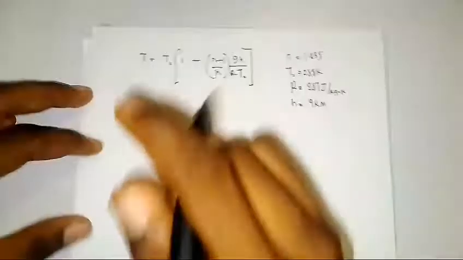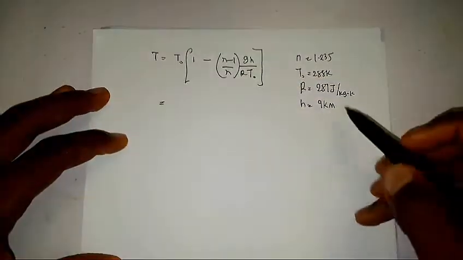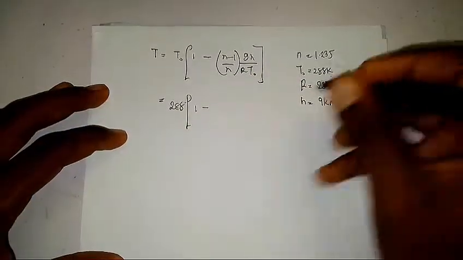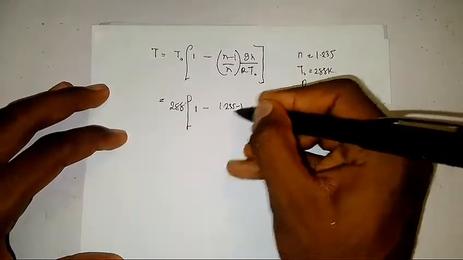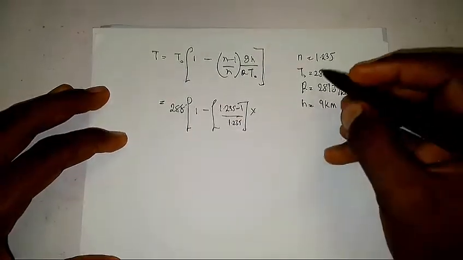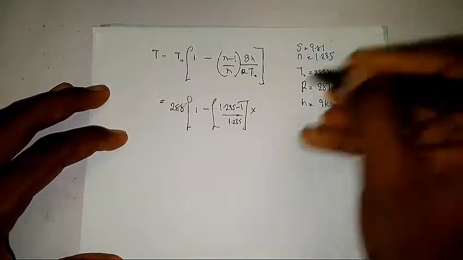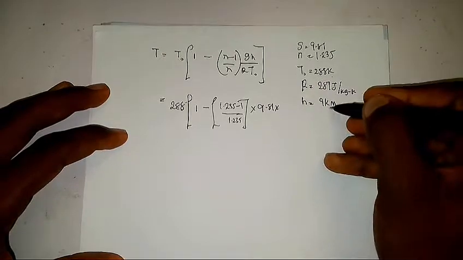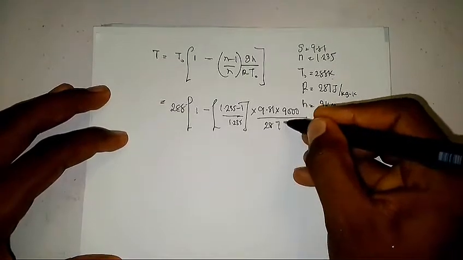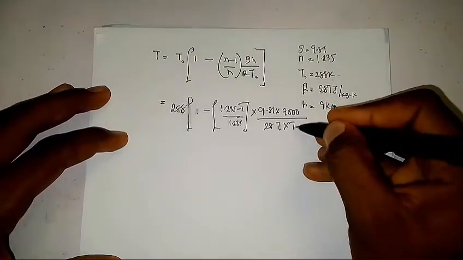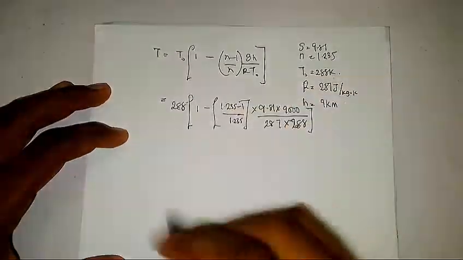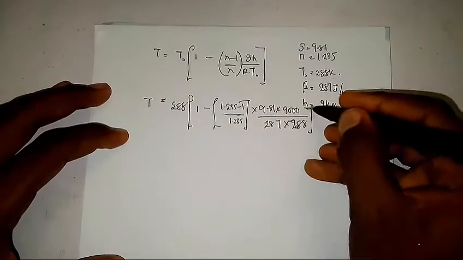So substituting this into this expression, we have to write my initial temperature, which is given as 288, right? Open bracket. 1 minus my n is what? 1.235 minus 1 divided by 1.235 times my gravitational constant, which is 9.81 times my height, which is 9,000 meters, divided by my R, which is 287, times my initial temperature, which is what? 288. Close the bracket. So back to simplification.